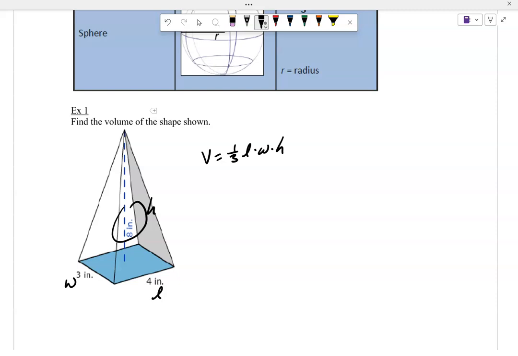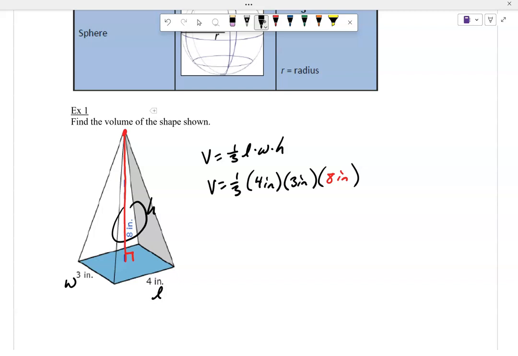Notice I have a rectangular base on the bottom, right? So let's go ahead and punch that in. 4 inches my length, 3 inches my width, and then the height. And the height, note here, is from the top straight down, and it makes a 90 degree angle, an altitude, if you will, with that base. That's what your height is. And of course, it's 8 inches as shown.